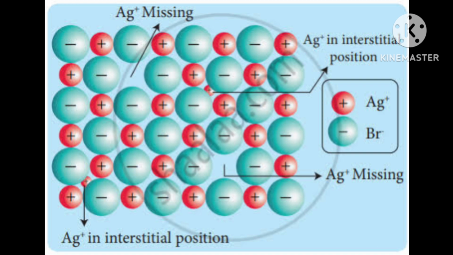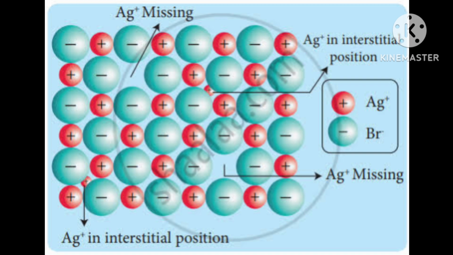Also remember that in 1 cubic centimeter there are about 10 to the power 22 ions.